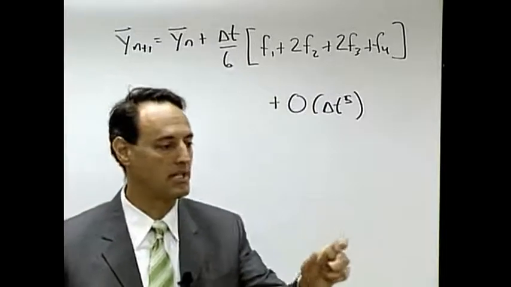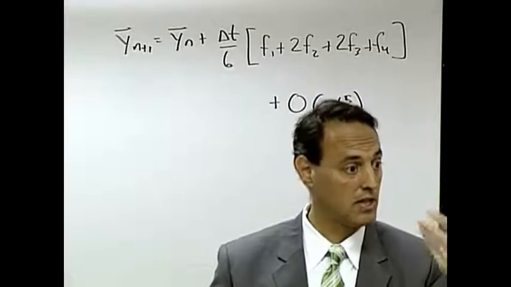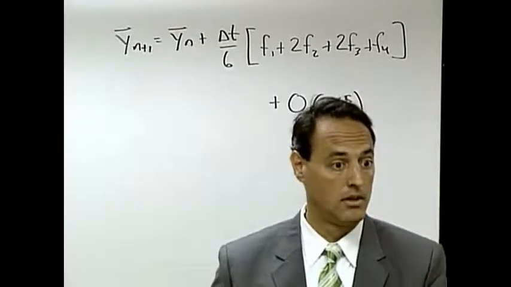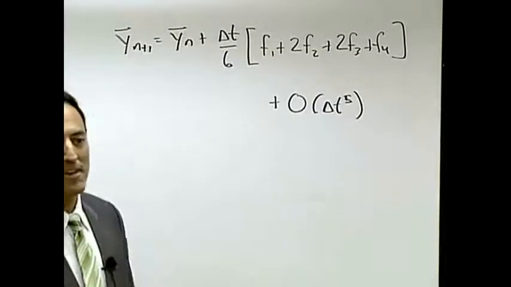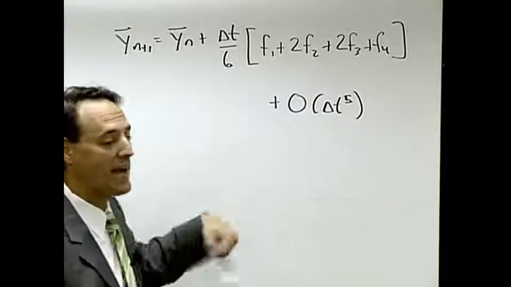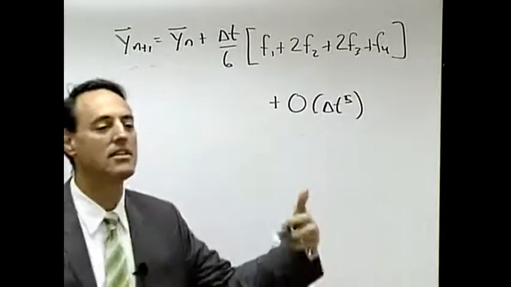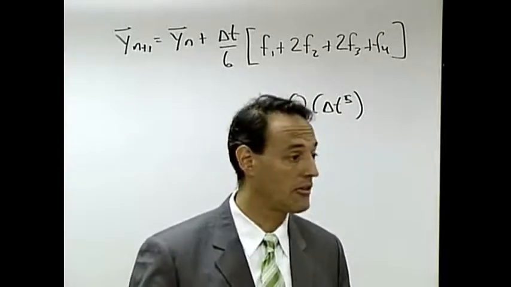So whatever your step size happens to be, you take that small step size, you take to the 5th power. There's the error. So if I take step size of 0.01, that's 10 to the minus 2, every step I take, 10 to the minus 10 is my guaranteed accuracy. That's pretty amazing. So people like this.